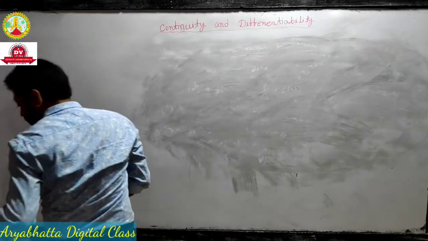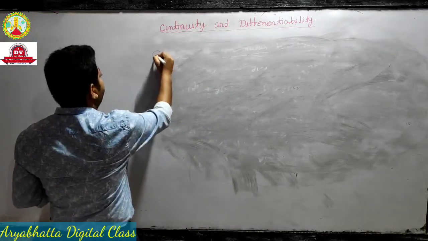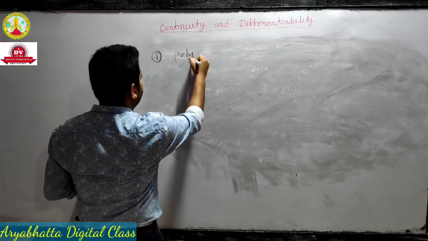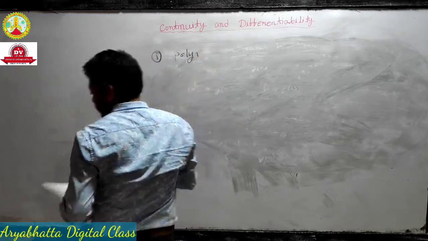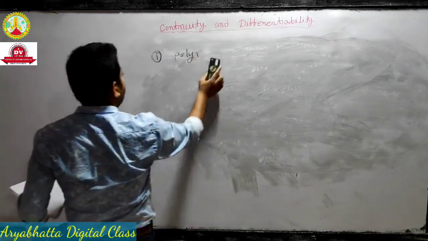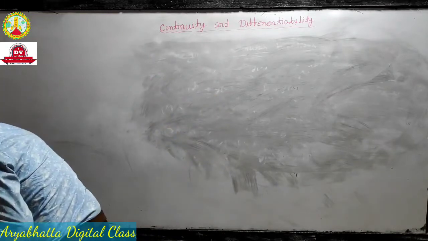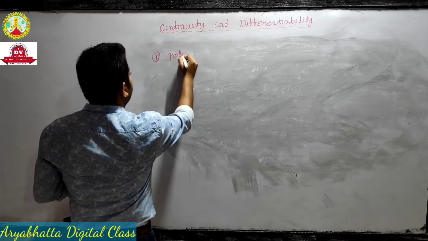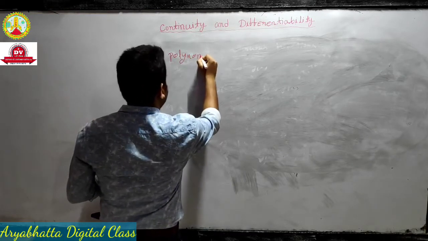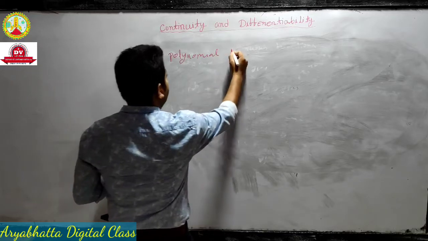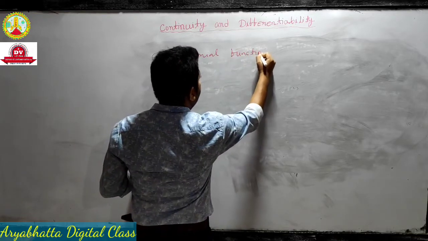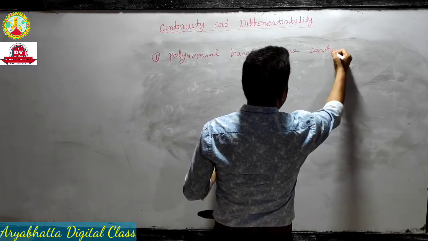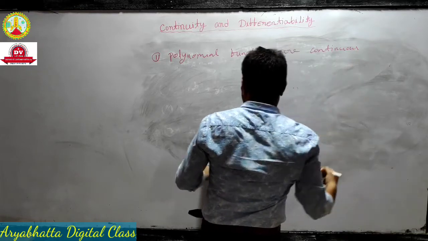Next, most important points to remember. Number 1, polynomial functions are continuous everywhere.